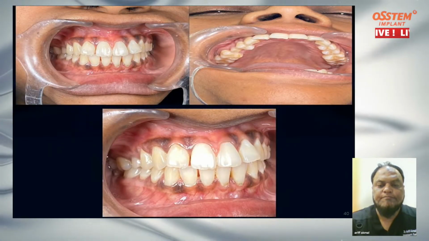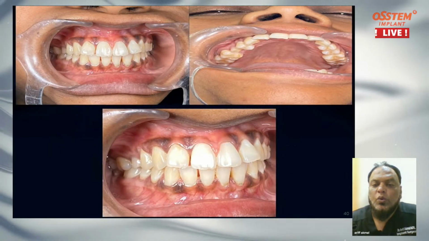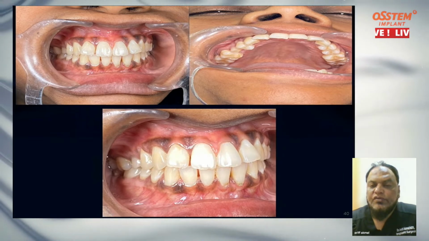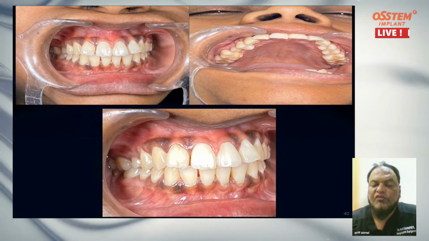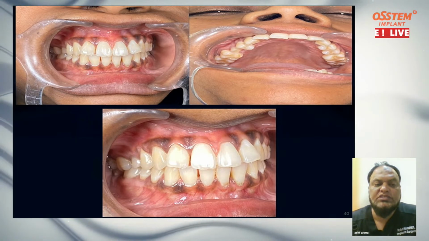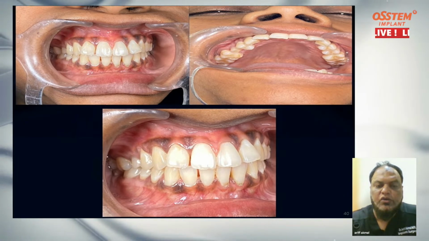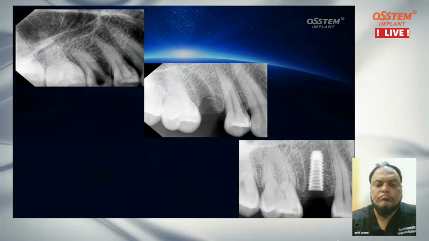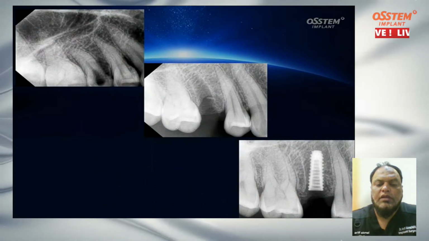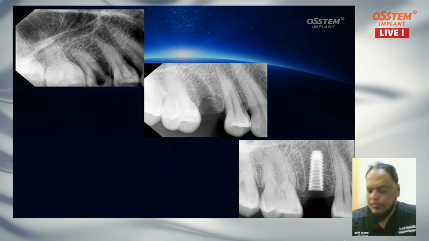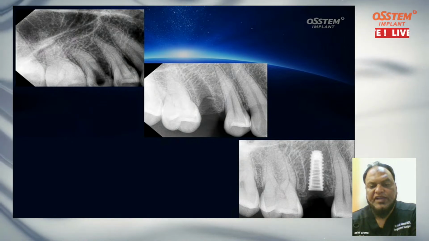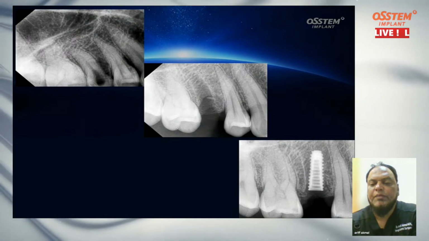So another case, fractured 1.5. Patient comes with a fractured 1.5. Once a fixed process is done, what should I do? So radiographs before extraction, after extraction, after placement of the implant.